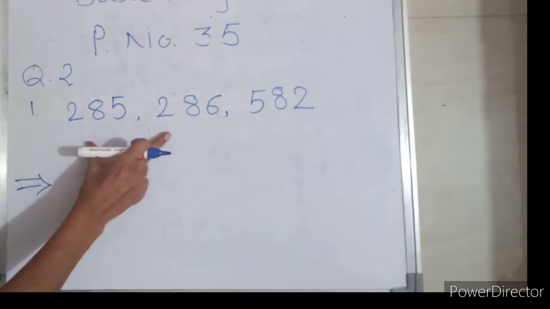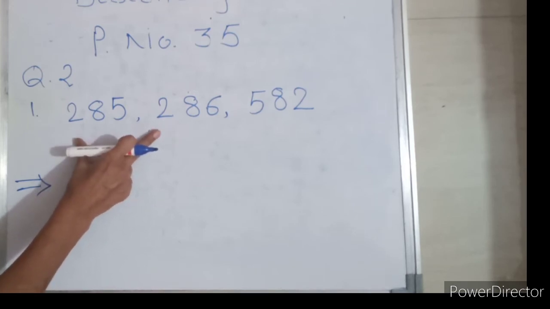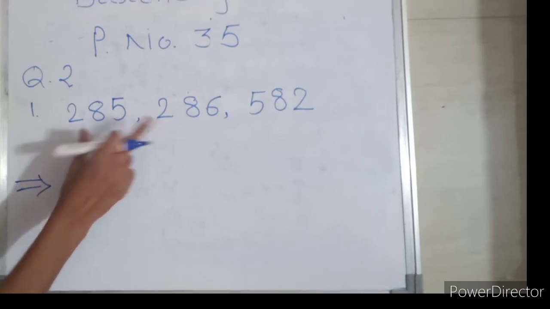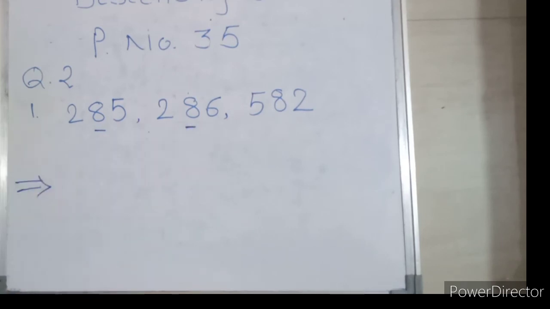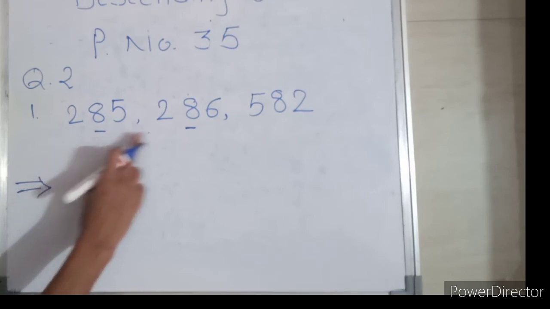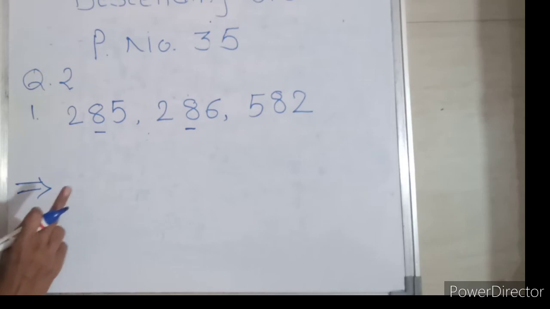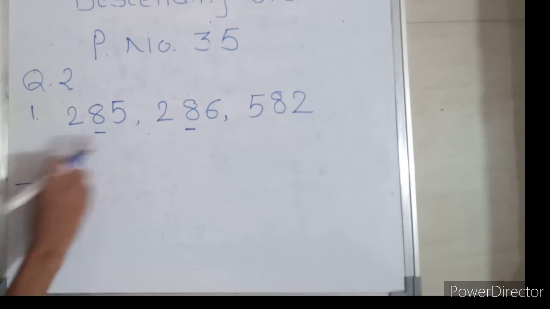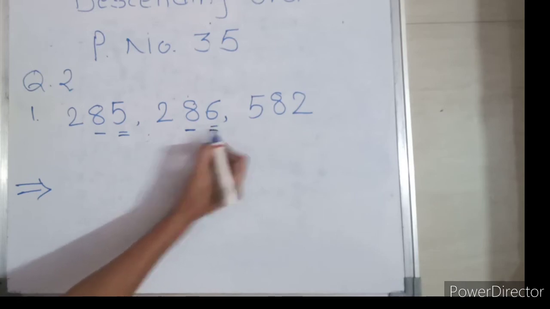So in both these numbers hundreds place 2 is there. So we need to see the tens place. So here is 8 and here is also 8. If at both places, hundreds and tens, the same number is there, then we need to see the ones place. So here is 5 and here is 6.